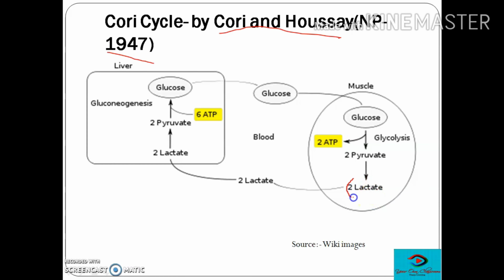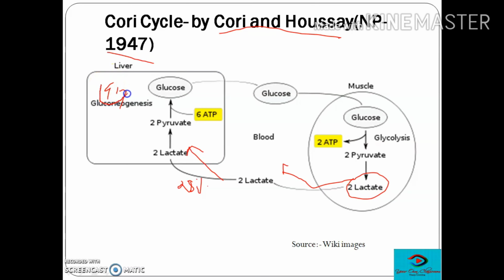So it migrates from the muscle cells or myocytes to the blood first, and then finally to the liver. In due course, 20% of this lactic acid is converted into carbon dioxide and water, and the remaining 80% is converted back to glucose and gets stored as glycogen.